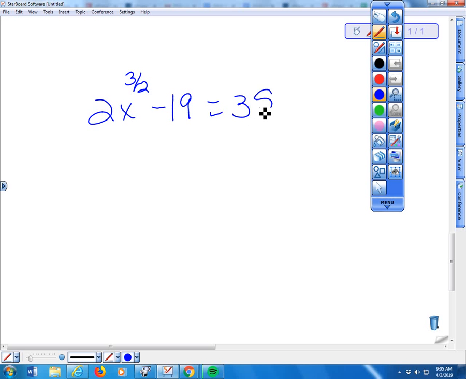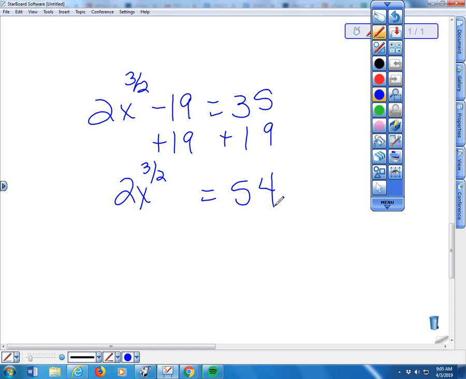Just like the last couple sections, your goal is to isolate the x term. The variable, not even the term, the variable, because anything multiplied by the variable I need to get rid of as well. So the first thing I'm going to do is add 19. With me still? Now, to isolate the x, I've got to divide both sides by 2.